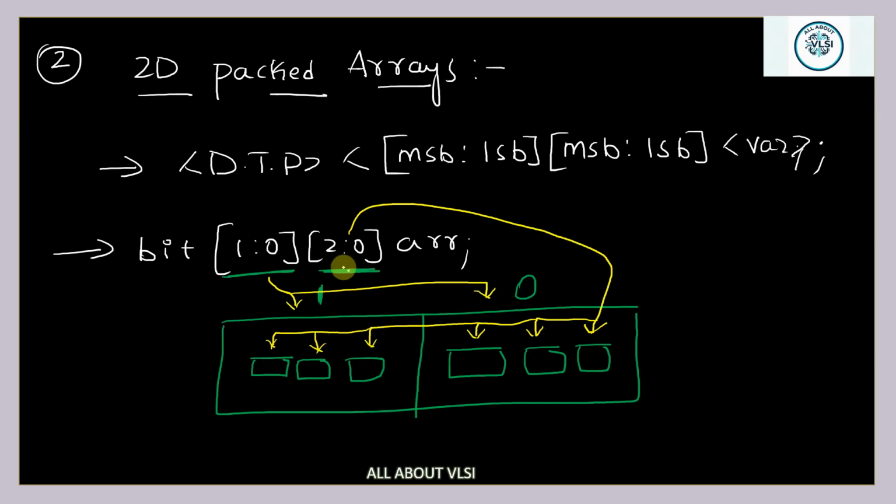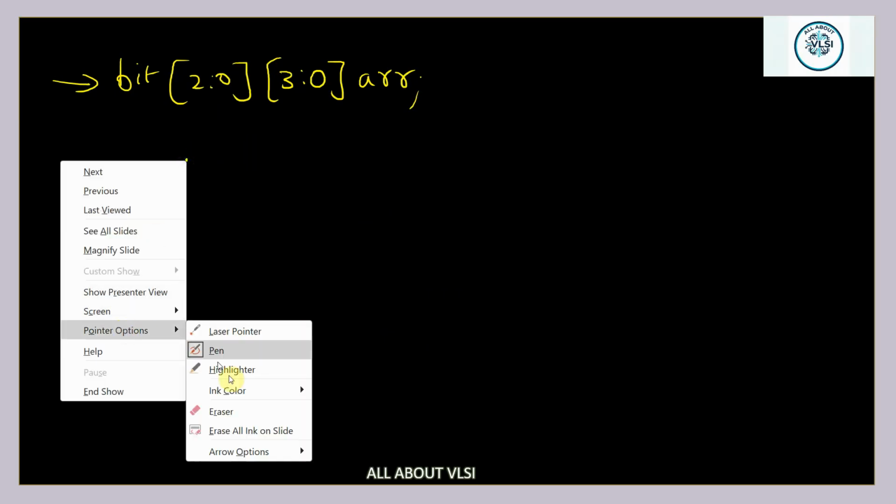Let's see an example. Let's say I have bit [2:0][3:0] ARR. First, let us see the diagram for this.